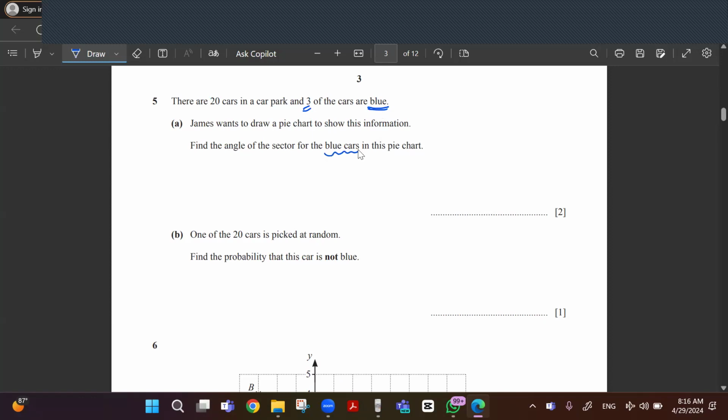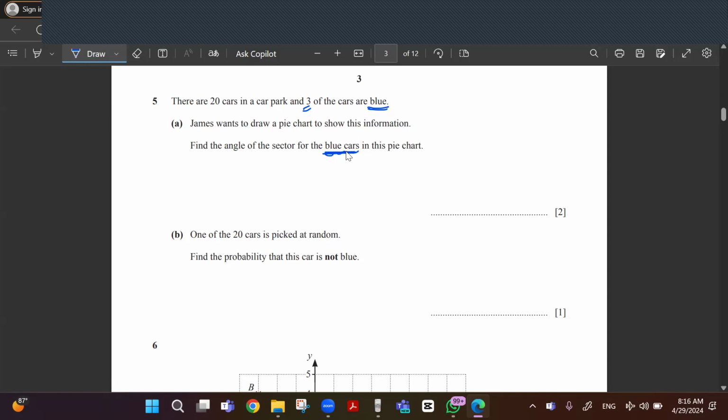Whenever I want to find the angle of sector of any portion of the pie chart, take this portion, divide it by the total, then multiply by 360. I will say again. Take this portion, what you are searching for, divide by the total, then multiply by 360 degrees. So he wants the portion of what?